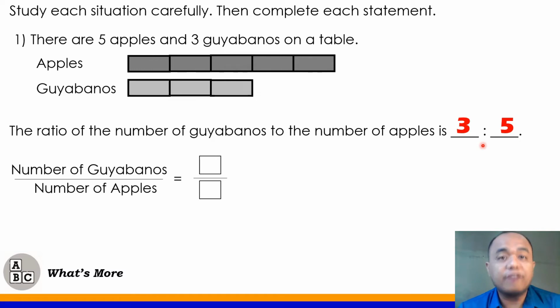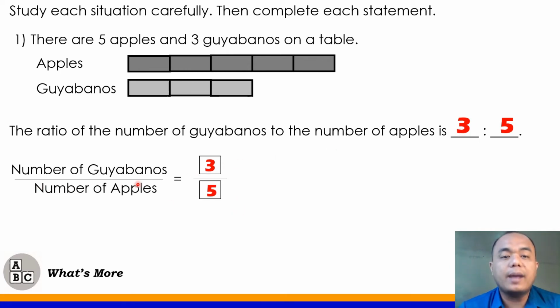Let's make this in fraction form. The number of guyabanos is now our first quantity. Since this is the first quantity, it should be located in the numerator, and the second quantity, the number of apples, is located in our denominator. So the number of guyabanos is 3, the first quantity, and the second quantity would be 5.